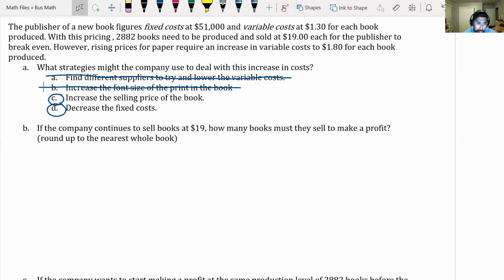Okay. All right. So B. If the company continues to sell books at $19, how many books must they sell to make a profit? Okay. So this is for us to know. Okay, so we have to figure out the break-even cost. Okay.